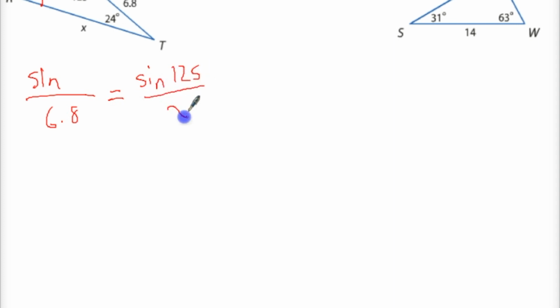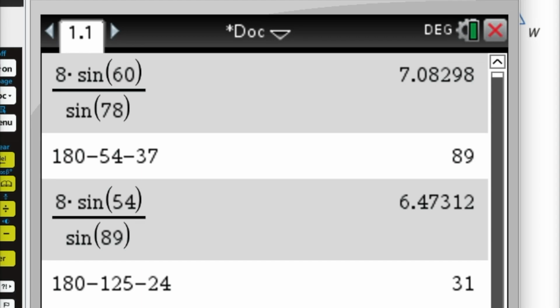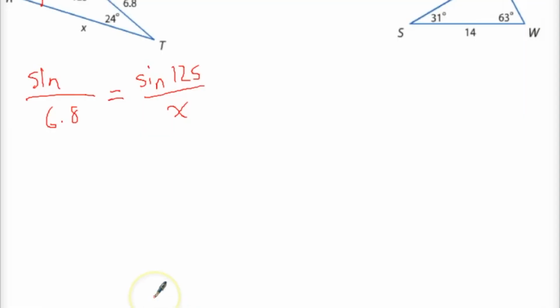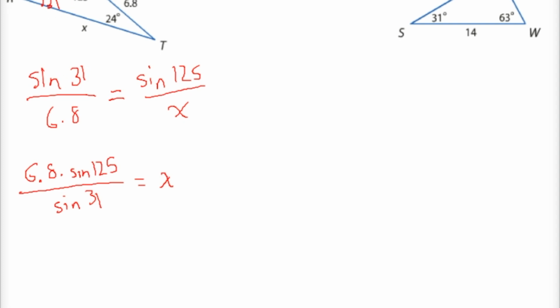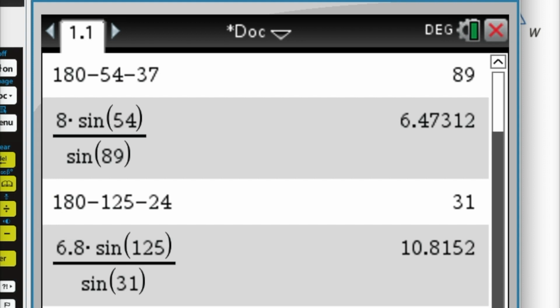Okay, so what's angle R? All right, angle R is 31. So this is 31 in here. Rearrange the algebra, and we get 6.8 times sine 125 over sine 31. And that is about 10.815.